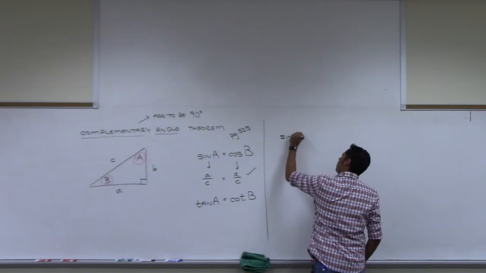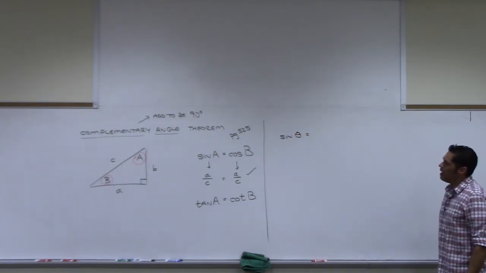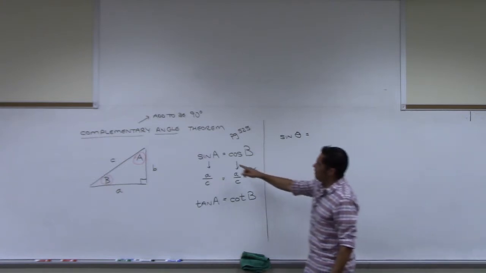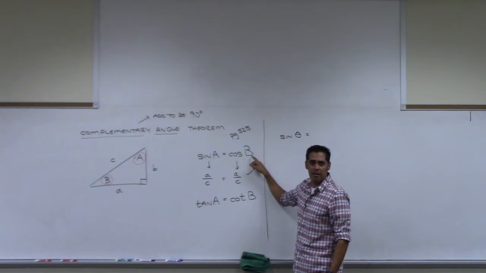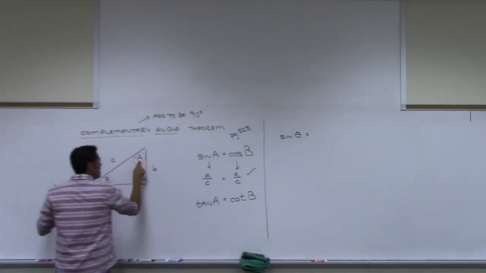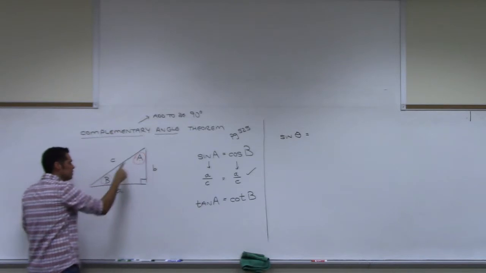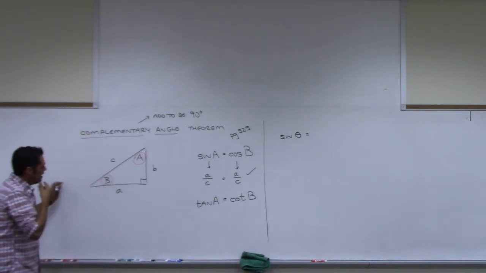Sine of an angle theta. We said that sine of an angle should be equal to cosine of the other angle in the right triangle, right?